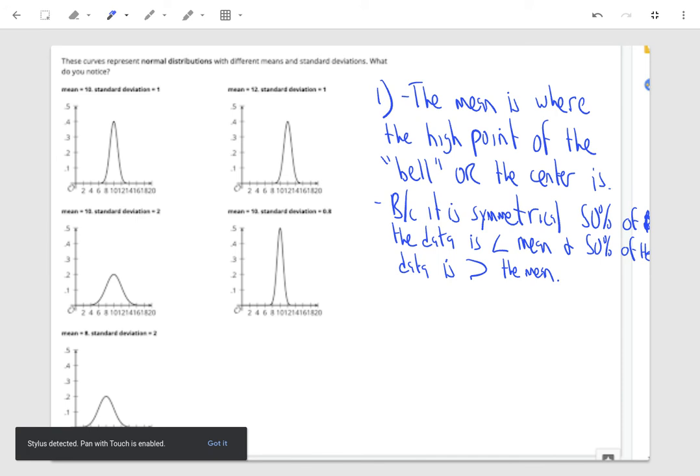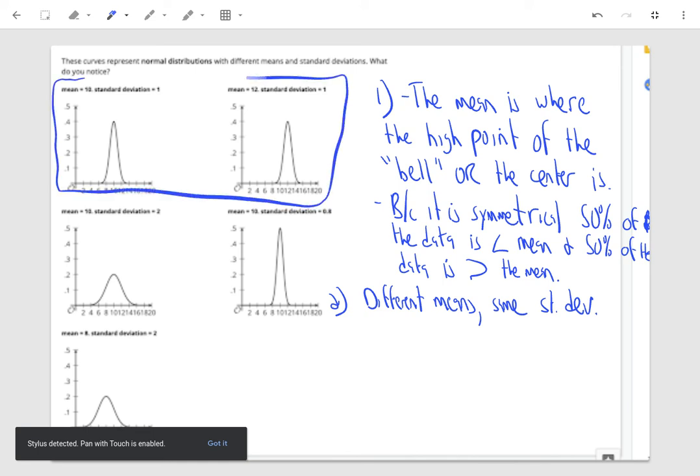Okay. The next thing I want to look at is what happens if we have different means, but same standard deviation. Okay, so we talked about this in the lesson notes, how a normal distribution is determined by its mean and its standard deviation. So what happens if we have different means but the same standard deviation? So that would be like this example, these two right here.